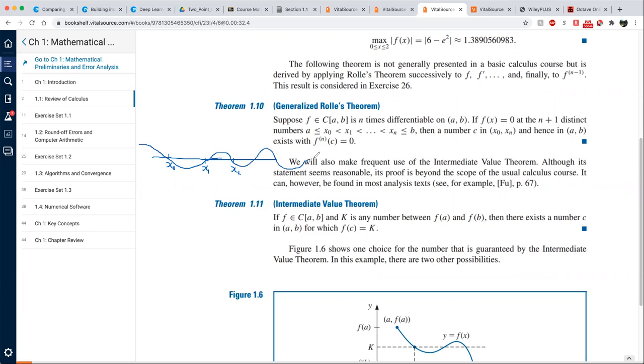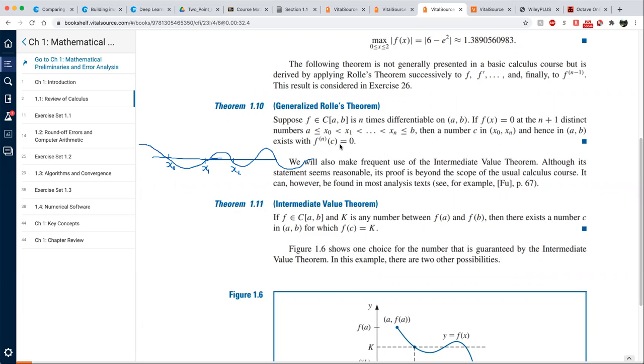Then there is a number c, let's say here's c, in the interval from x0 to xn, and hence in a comma b, with the nth derivative of f at c equals 0.